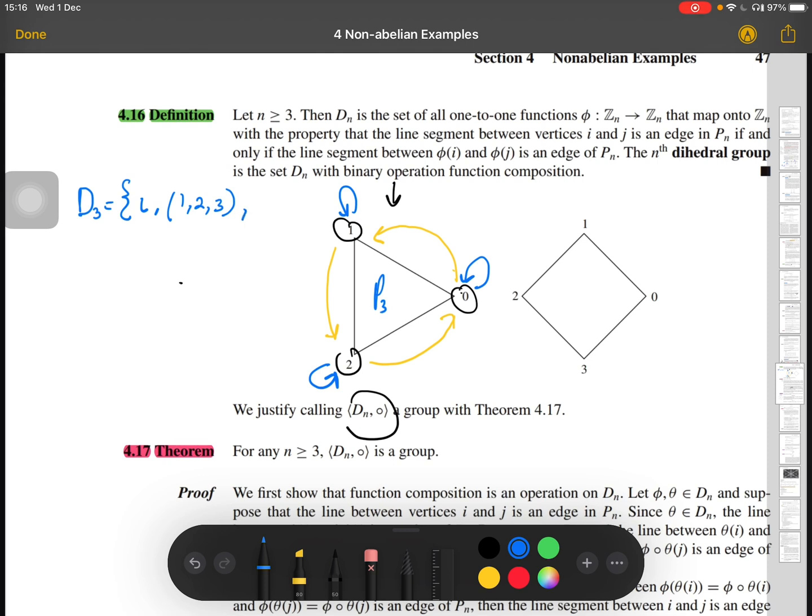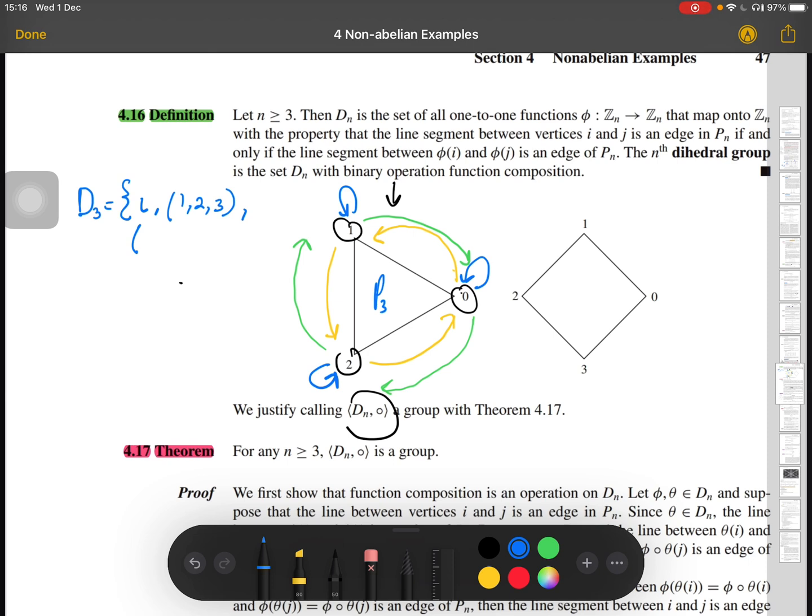And then I can have another mapping. For example, I want to have 0 map to 2, 2 map to 1, 1 map to 0. That is also another mapping that is one-to-one and onto.